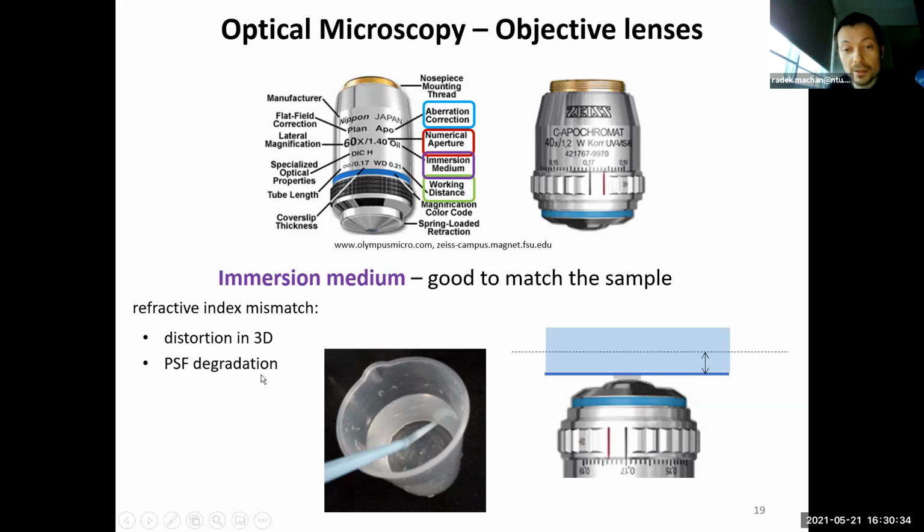Another very serious thing is the degradation of the point spread function. That means that basically the focusing of light also will be affected, and this will also result in the loss of signal.